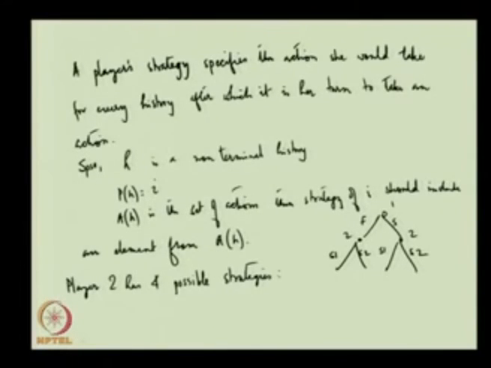So, which are the strategies? It can be (S1, S1), which means he is saying that if F occurs, I will play S1, if S occurs, then I will play S1, or it can be (S1, S2). Here he is saying that if F occurs, I am going to play S1, but if S occurs, I am going to play S2. So, likewise, we have other 2 strategies. So, there are 4 possible strategies.